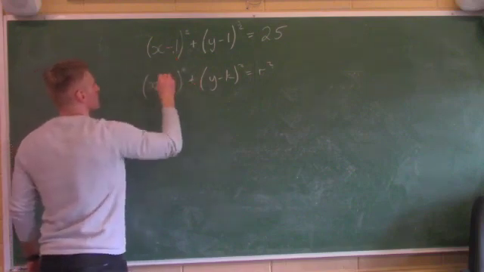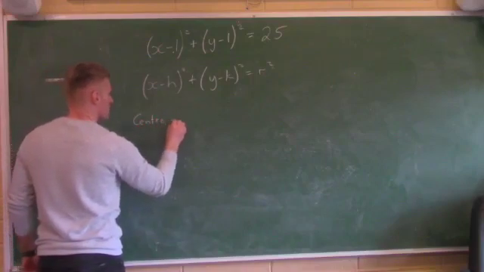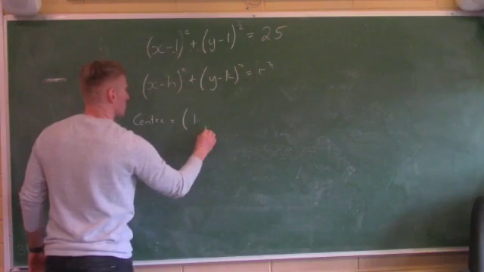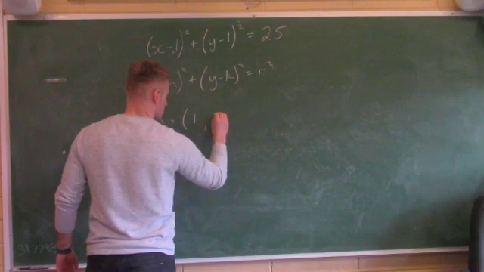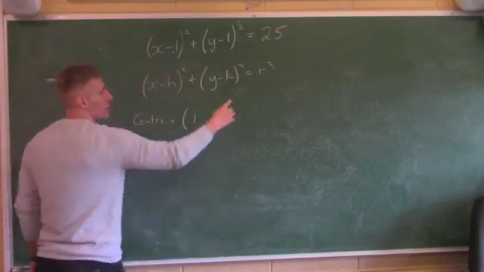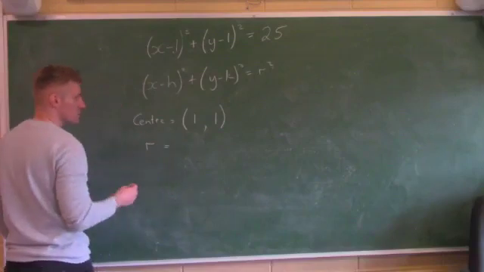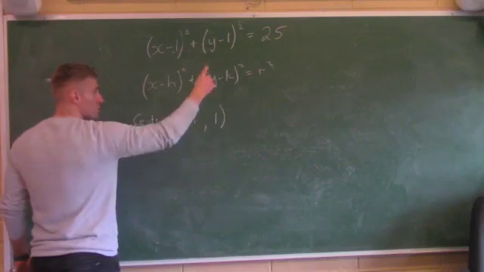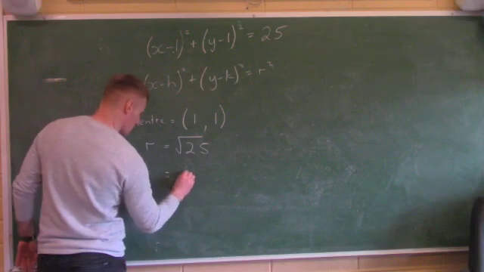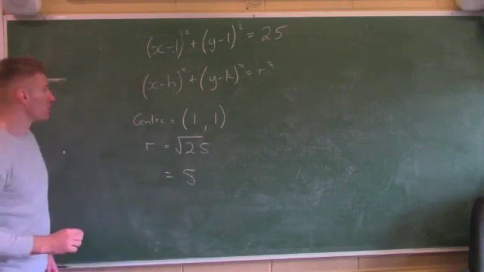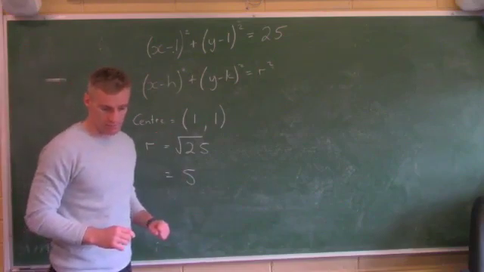Right? x minus minus, remember our h is our centre, so my centre is 1, y minus minus 1 in this case, so (1, 1) is my centre. r squared is 25, r is my radius, so I need to get the square root of 25, so my radius is 5. Alright, so again probably a 5-mark question. I've got my centre and I've got my radius.